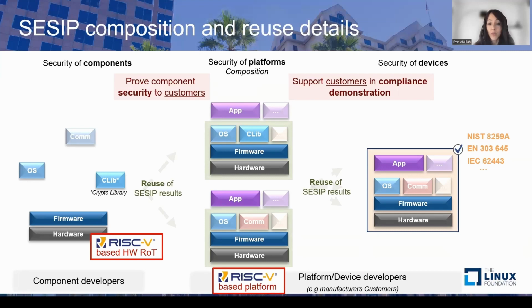You can have several compositions like this until reaching a full security platform. Then the device vendor will have all security evidence needed, from integrated components to a final compliance demonstration to device standards.